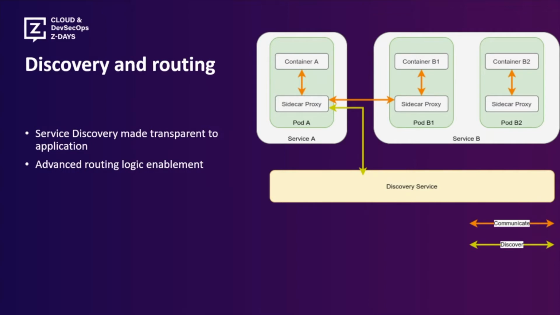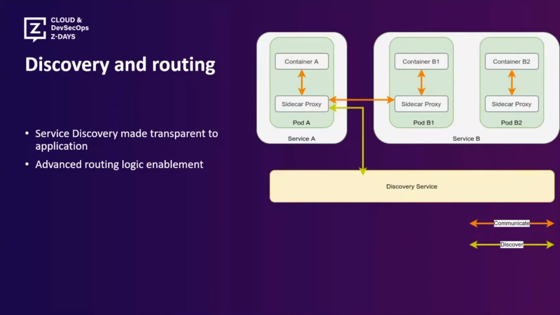And also this enables really advanced logic on routing. So you can do very sophisticated routing algorithms. You can set up rules. You can do, let's say, blue-green deployments, rolling deployments, canary deployments very easily.